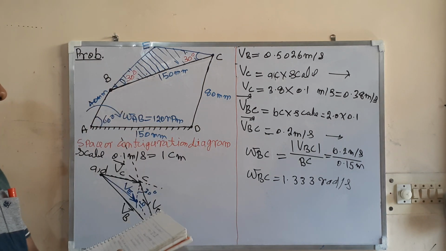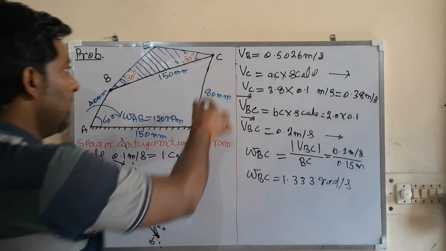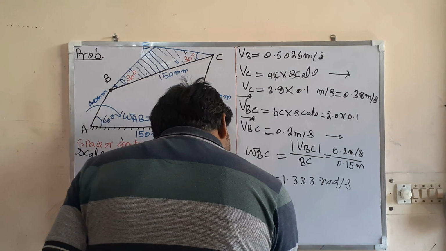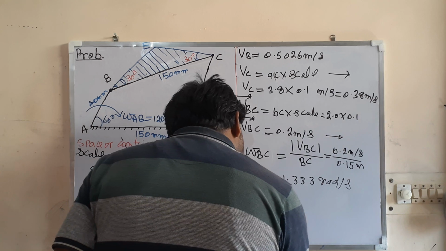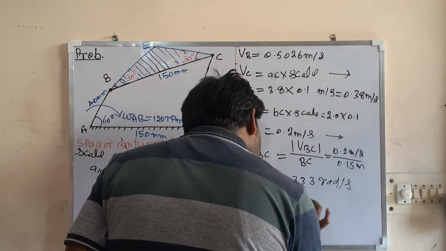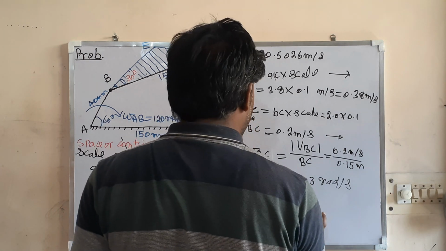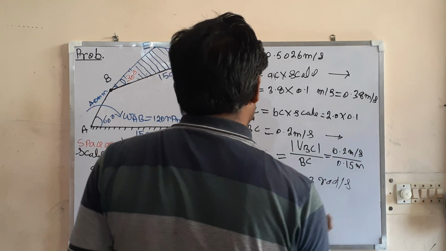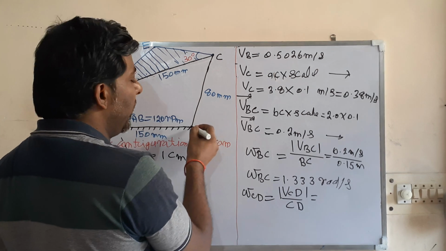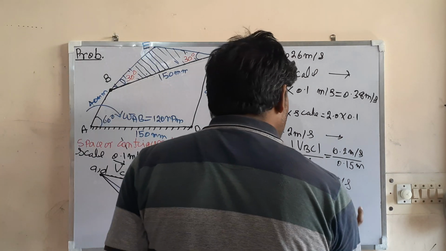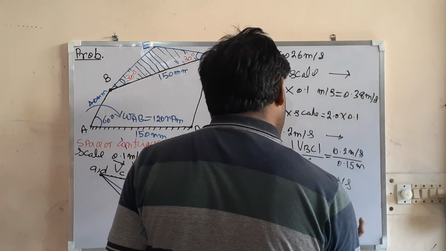Now, omega CD. Omega CD is equal to the magnitude of velocity of C with respect to D, divided by CD. Velocity of point C with respect to D, and D is fixed, means this is the velocity of point C divided by CD.